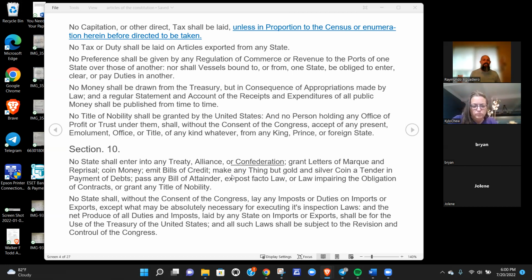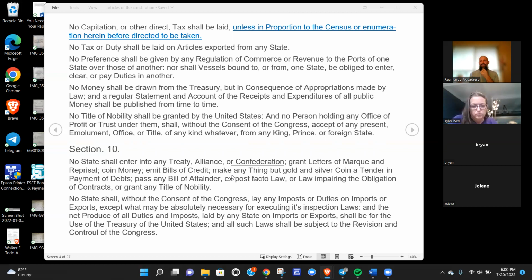No title of nobility shall be granted by the United States, and no person holding any office of profit or trust under them shall, without the consent of Congress, accept any present, emolument, office, or title of any kind whatever from any king, prince, or foreign state.